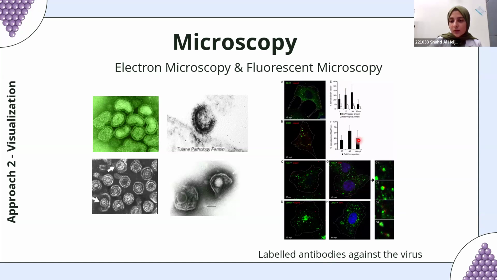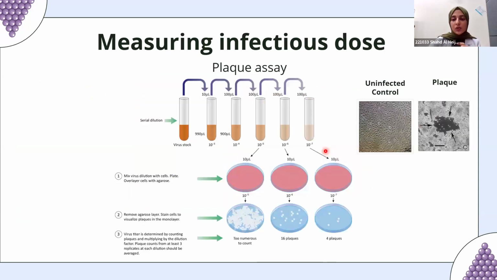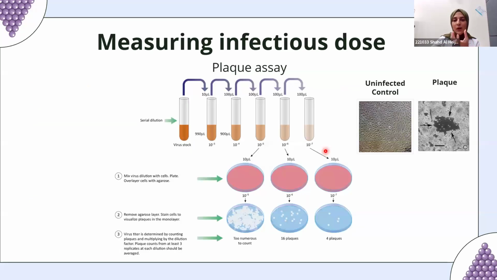So we did this after approach one. Here you isolated them and you're looking at the appearance of the cells. Here you're counting the amount of plaques, so it's different. Here you're just observing what's happening with the cells. Here you're trying to quantify, to measure the amount of the infectious dose. In a low infectious dose, you can have a few plaques.